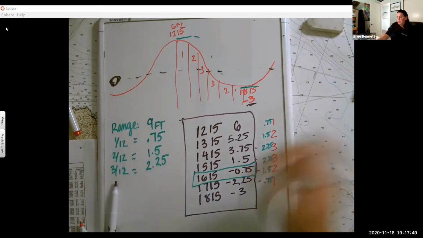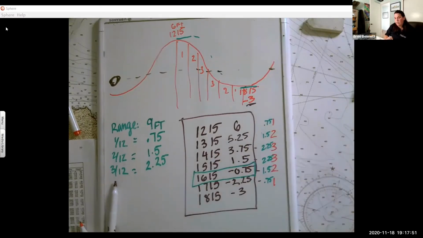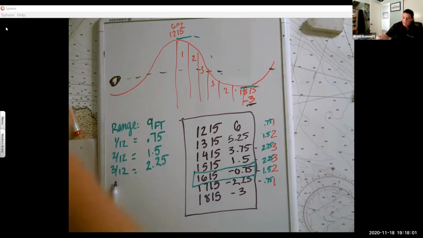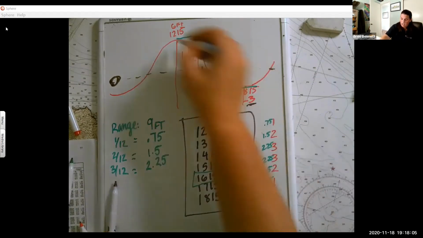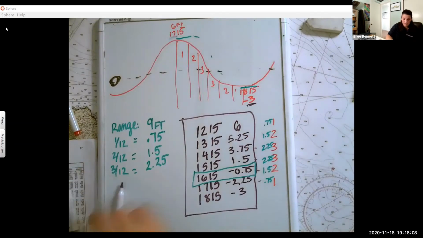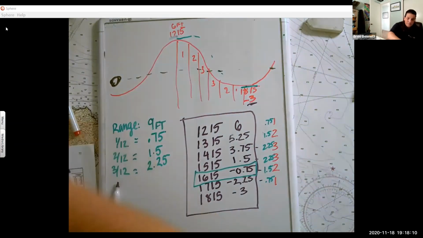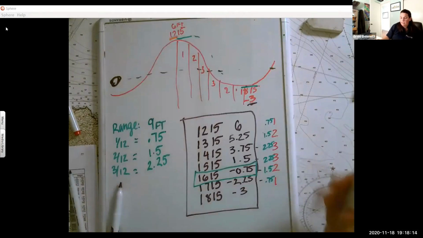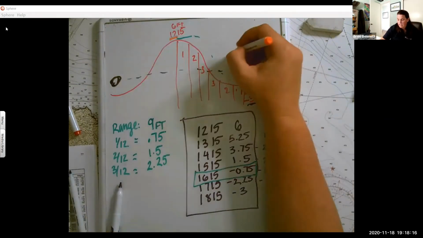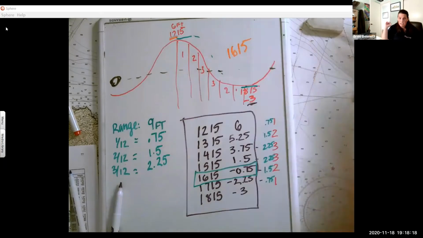Now, did anybody do it without doing all of this fancy work? Okay. So without doing the fancy work, it's 12:15, and I am looking for 16:15. That's what the question was.